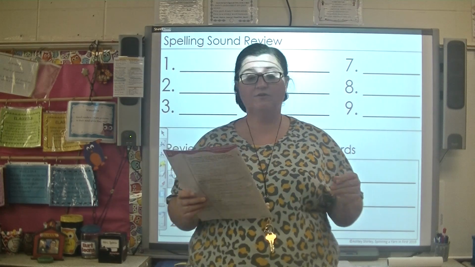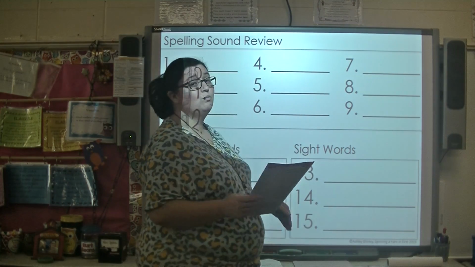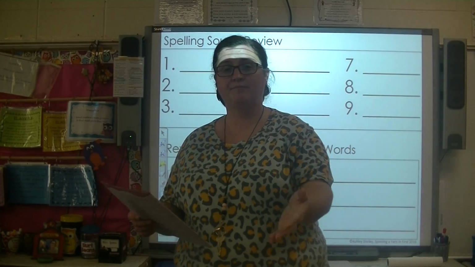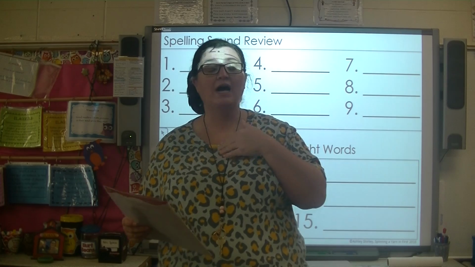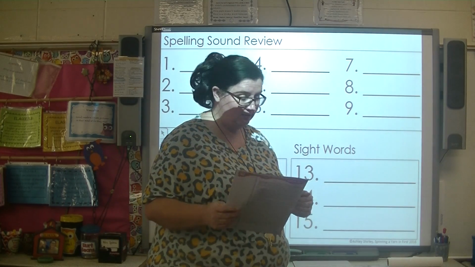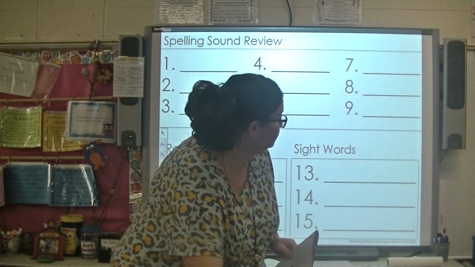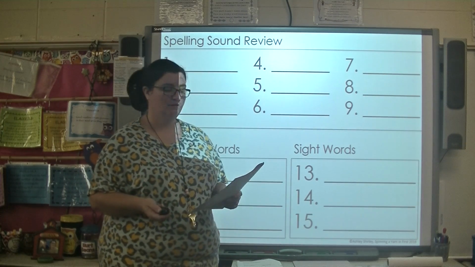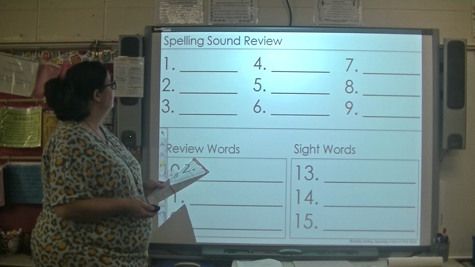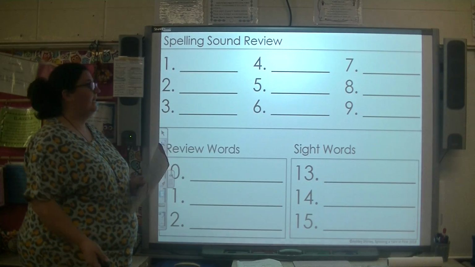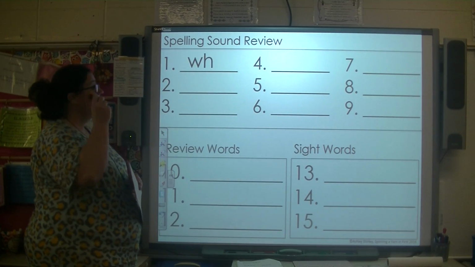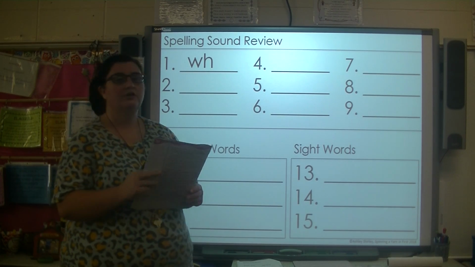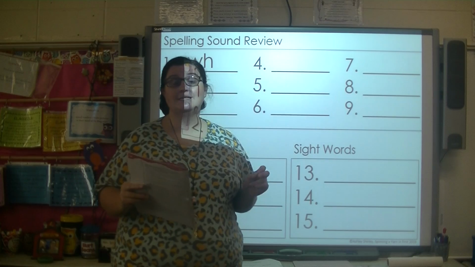First, let's go over some review sounds. Number 1 is a combination. Yes, wh as in whale. Write it. What letters? Combination W-H. Number 2 is a digraph.